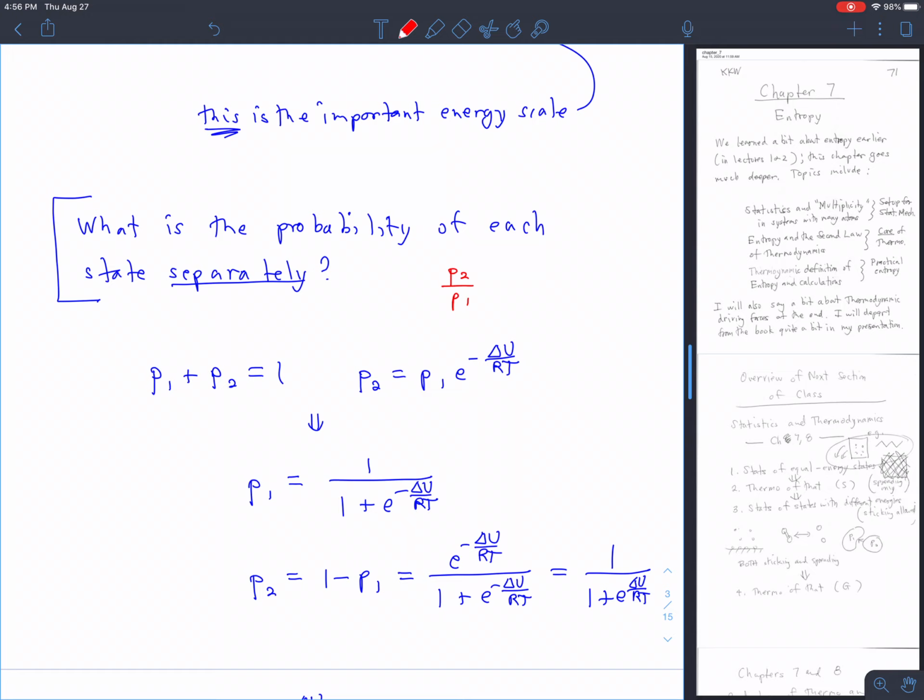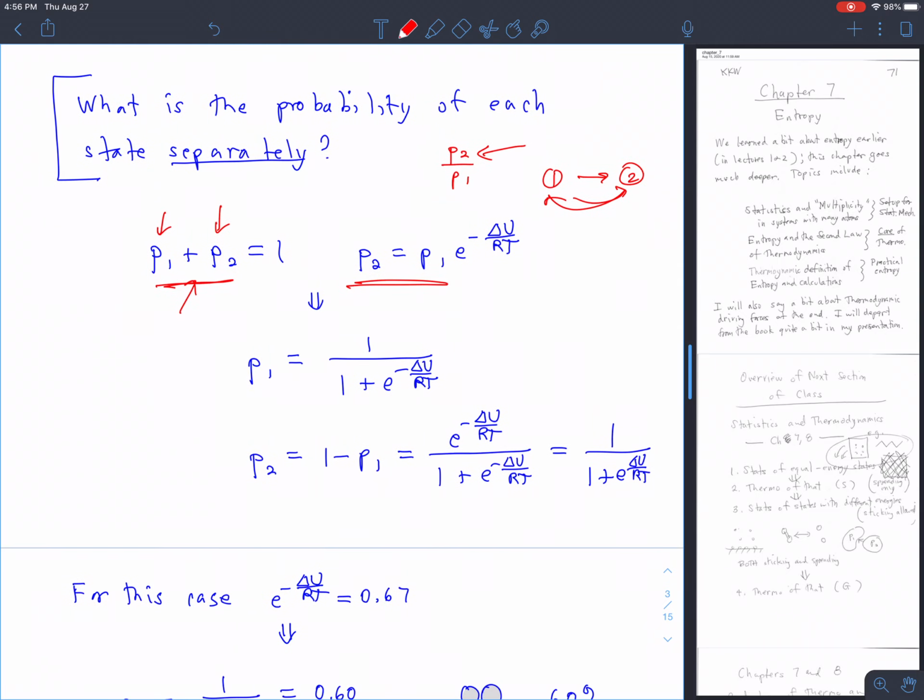But we'd like to get these independently. We can do that making use of the fact that there's only two possibilities in this case, right? We're either in the initial state or we're in the final state. And the two of those probabilities have to add up to 1. So we can use this relationship plus this relationship to solve for P1 and P2.